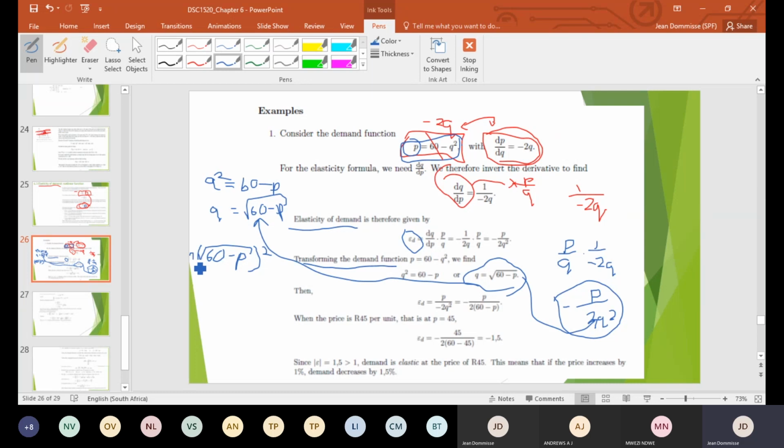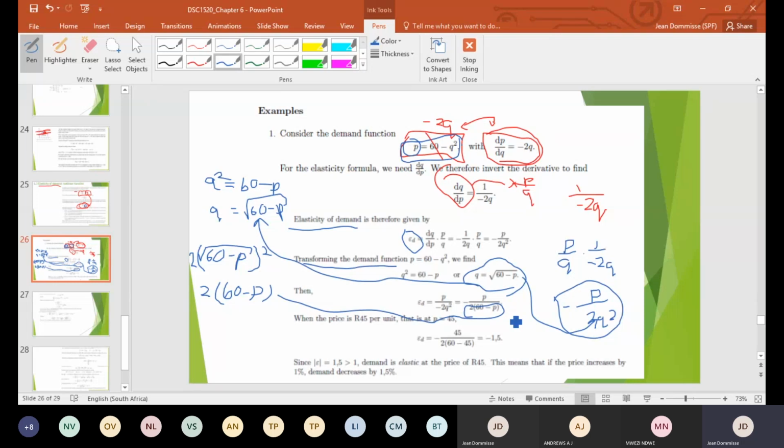And there's a 2 in front. Okay, so basically square root to a power of 2, it just goes back to the 60 minus P, and we have a 2 in front. Okay, so that is where we got that. Then we basically have a minus P over 2 times 60 minus P.